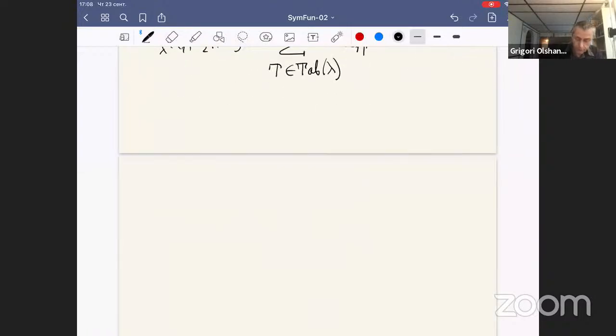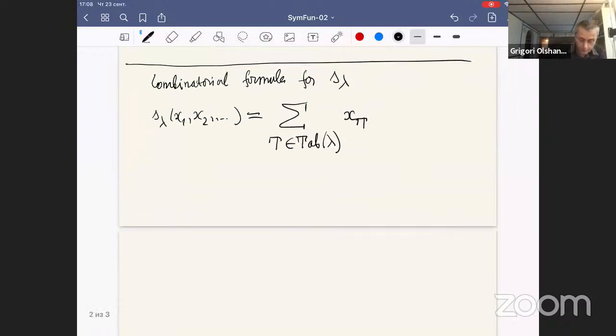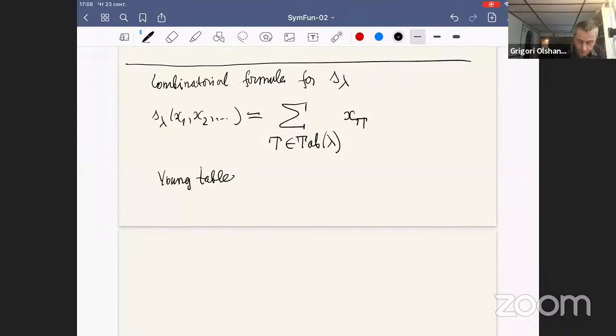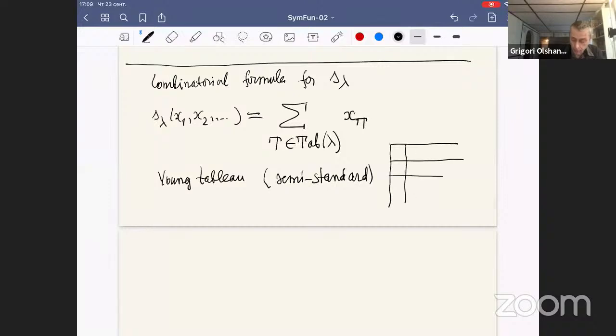I recall that a Young tableau, here I mean semi-standard, means the following. We have a shape, the diagram of lambda, and we put some variable.